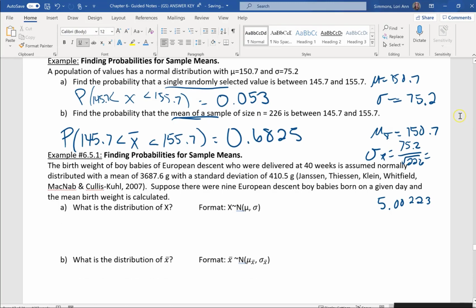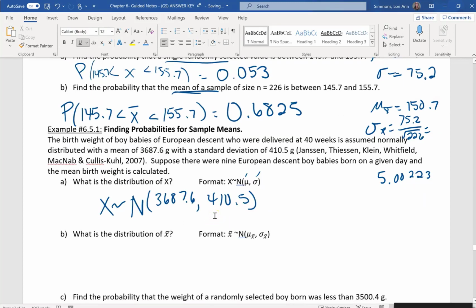Find the distribution of x bar. So this is the format they wanted it in. So x is normally distributed. Your mean was 3,687.6, and now we've got to find the standard deviation, which was 410.5.